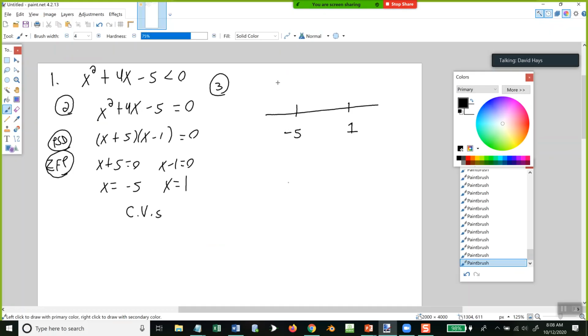What we mean by that is these separate this portion right here into intervals. Clear over here is negative infinity, clear over here is positive infinity. This first interval is negative infinity to negative 5. The second one is negative 5 to 1, and this last one is 1 to positive infinity.